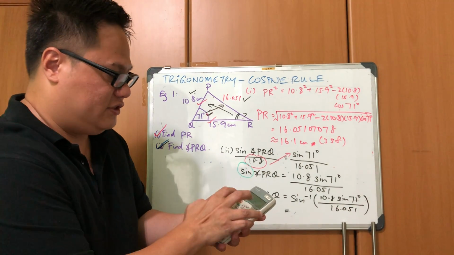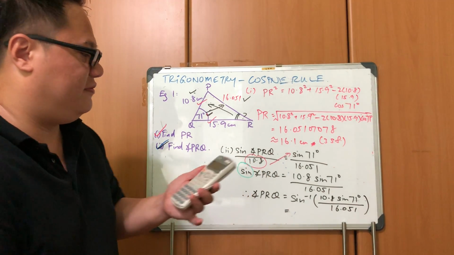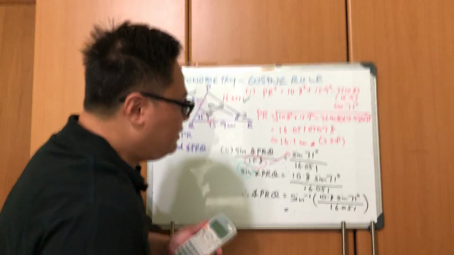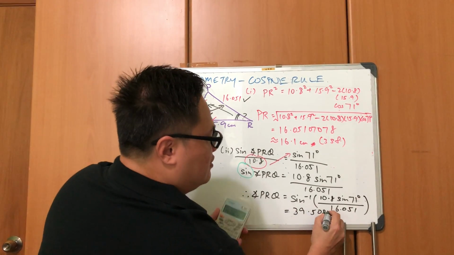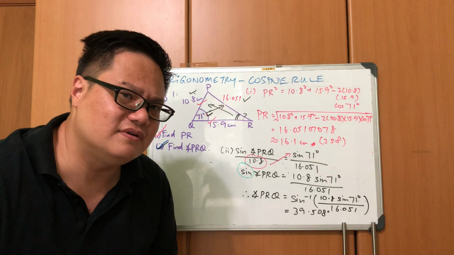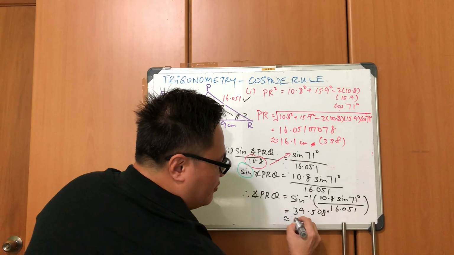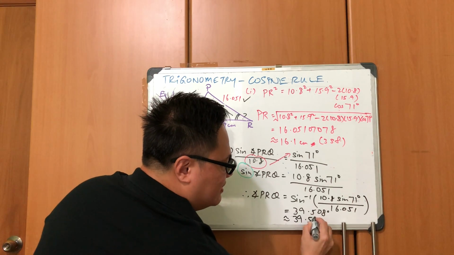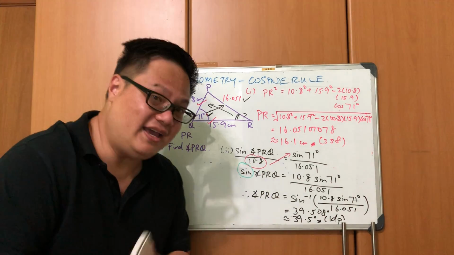Then I shift sine of it. So I have 39.508 degrees. For angles, do you round to 3 SF? No. Angles you round to 1 dp. So the answer is approximately 39.5 degrees, 1 dp. Okay, is everyone clear?